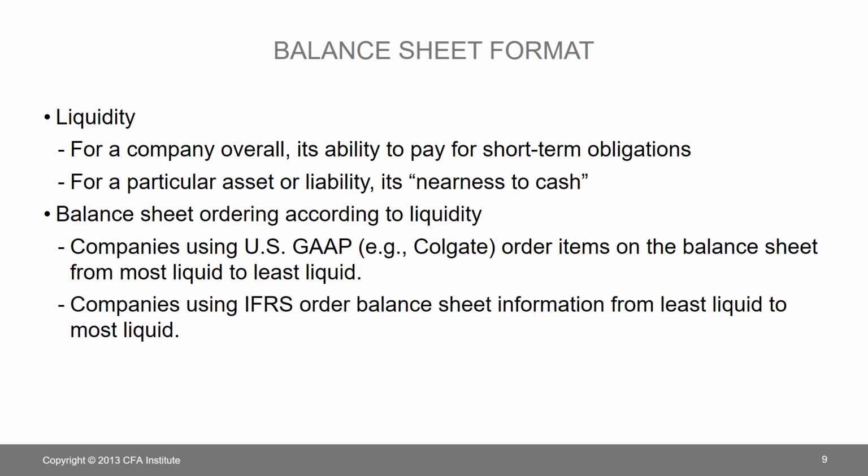And equity is presented first, followed by non-current liabilities and current liabilities. IFRS does not prescribe the reverse ordering. Presentation of financial statements under the IFRS states that the standard does not prescribe the order or format in which an entity presents the items.